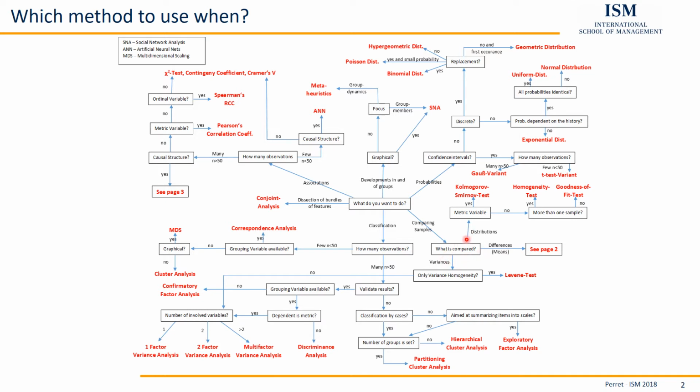If we go with distributions, so you assume that a specific variable follows a certain distribution, you can always, at least if you have a metric variable, run a Kolmogorov-Smirnov test. That's not necessarily the best test to go with, but it's a test which works in most situations.